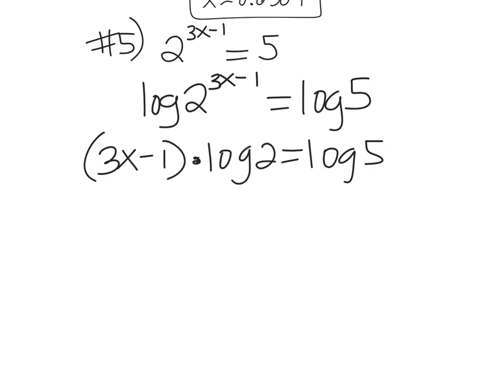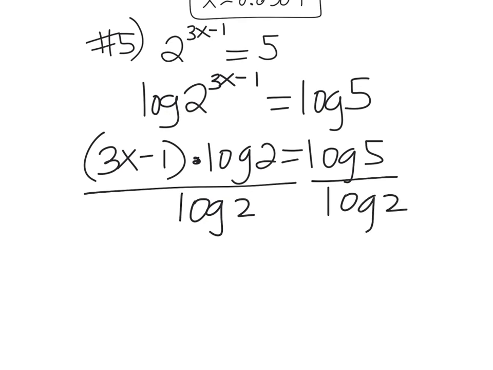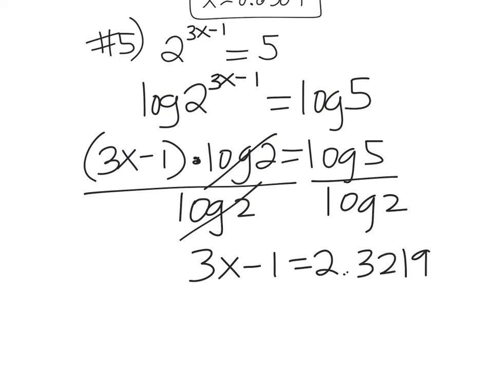Okay, go ahead and divide both sides by log 2. These will reduce, giving me 3x minus 1 equals, and I've got to get a decimal approximation here. I have log of 5 divided by log of 2. It's about 2.3219.